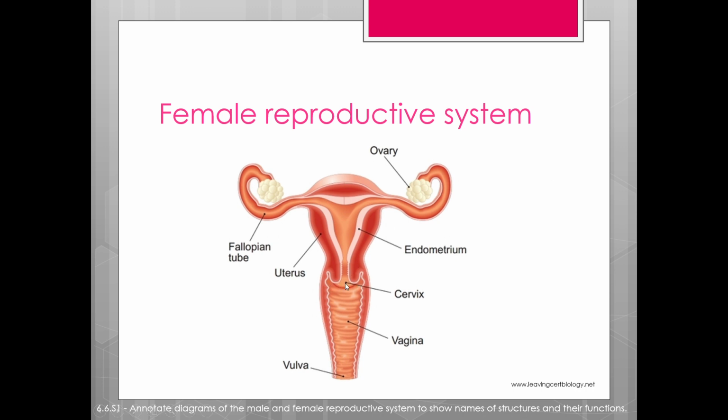which is the gate between the internal part of the reproductive system and the part which can be accessed from outside. And then the vagina, the exact place where the penis can get into to safely deliver sperm cells to the inside of the female organism.